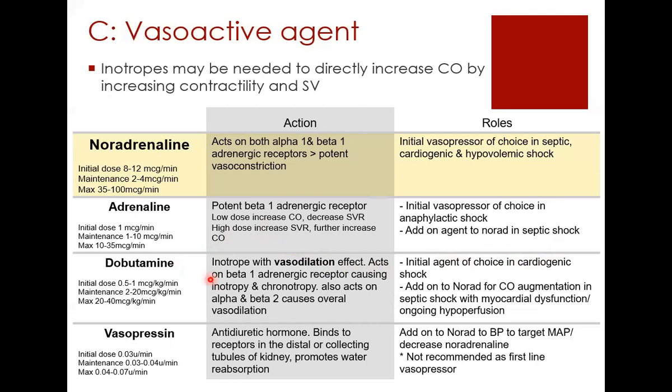Third is your dobutamine. It's a bit different from the others because it also has a vasodilation effect. So it can be used in cardiogenic shock or as an add-on to noradrenaline for cardiac output augmentation in septic shock with myocardial dysfunction.